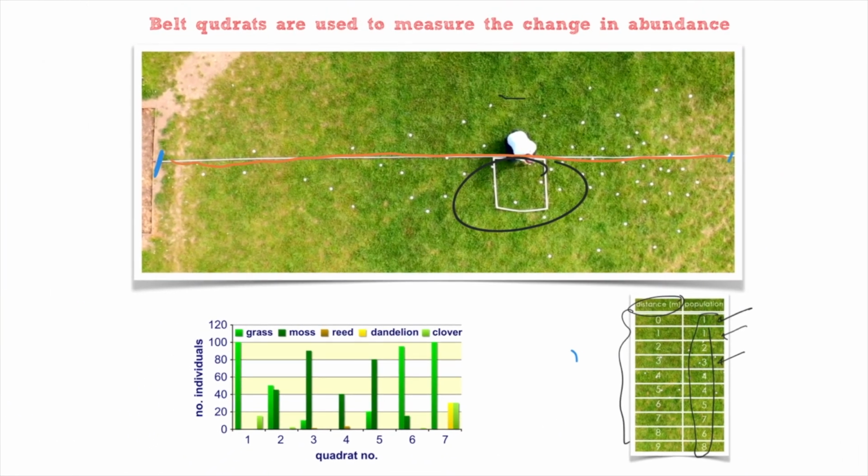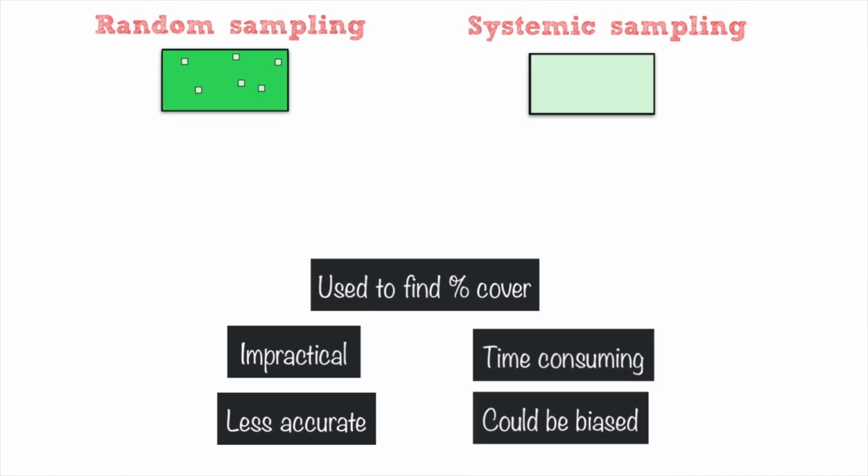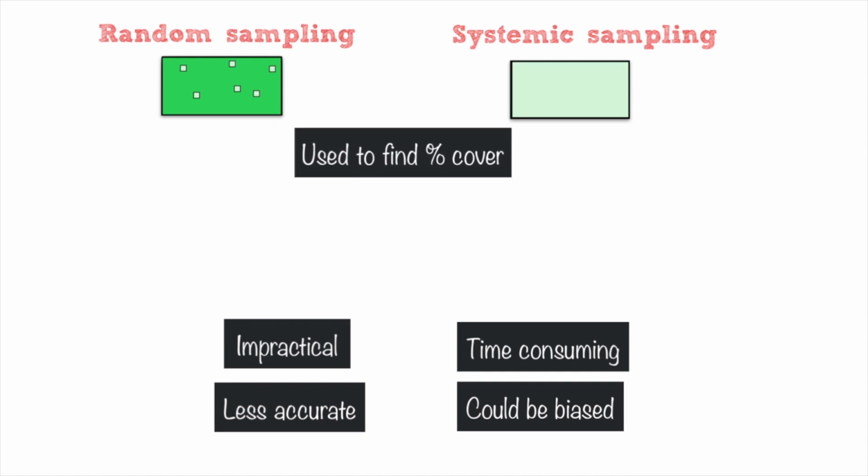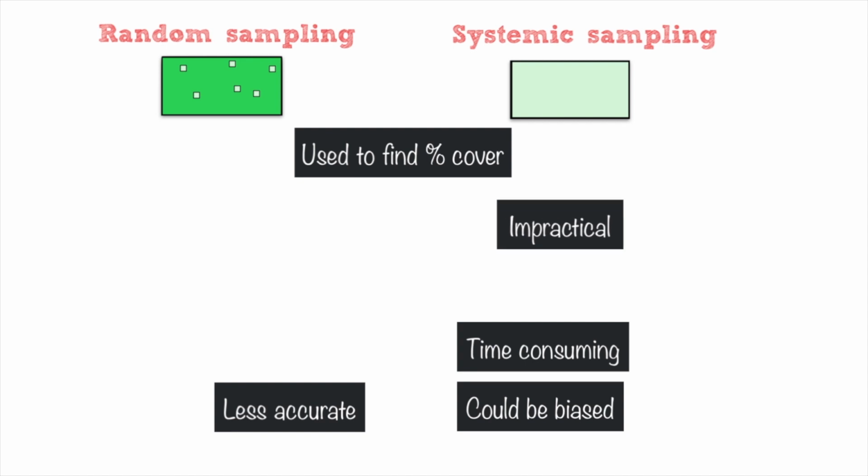Each method, the random or the systematic sampling, has its advantages and disadvantages. So both methods are quite useful to find percentage cover. However, systematic sampling could sometimes be impractical. When will it be impractical? That's when you have very large habitats and it's impossible to study.